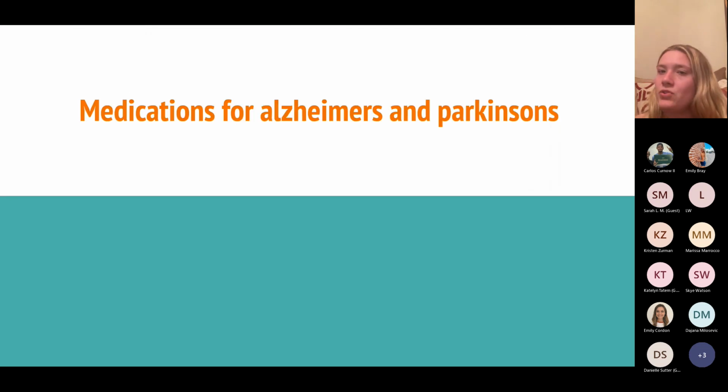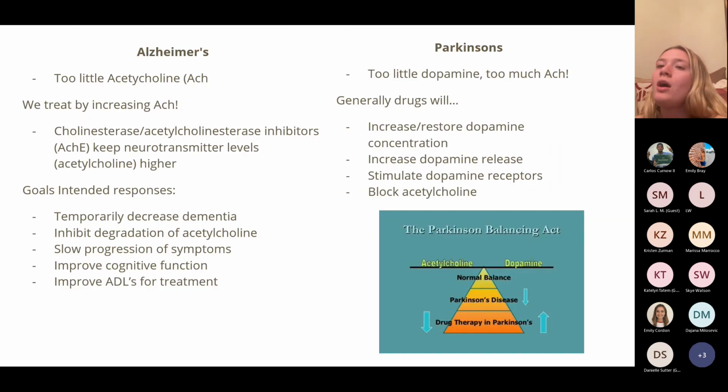So I'm going to talk about medications for Alzheimer's and Parkinson's disease. Let's talk about the disease a little bit because it's going to help our pharmacology treatment make a little bit more sense. With Alzheimer's, we have too little acetylcholine. Thus, we treat it by increasing acetylcholine. So what can we give them?